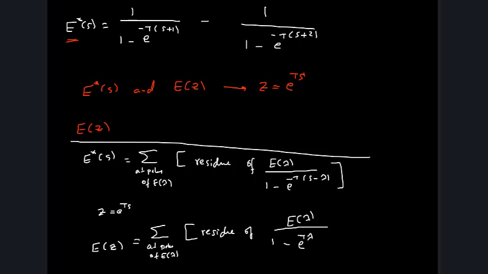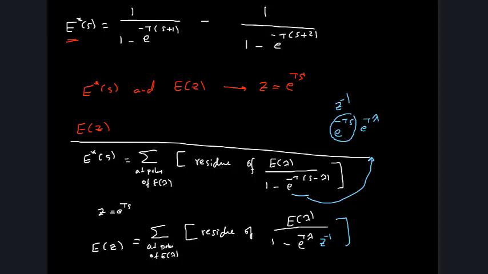Now, if you notice, this one here can be written as exponential of minus t s exponential of t lambda, and this one will be z minus 1. So z minus 1.